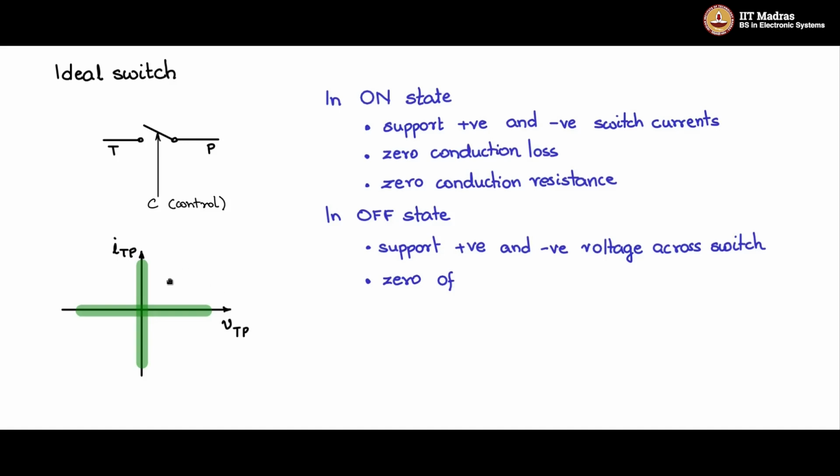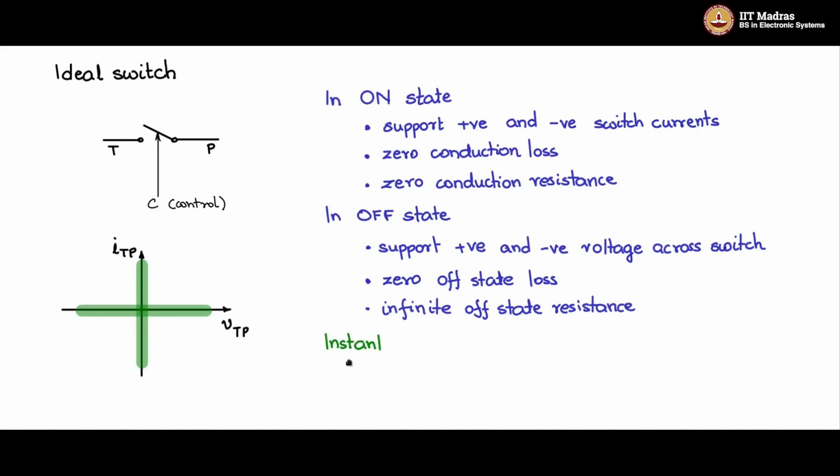Like during the on state, during the off state also, there should be zero off state loss. No leakage currents should be flowing through the switch, and the resistance when the switch is off should be infinite, meaning zero leakage currents and zero losses in the switch.